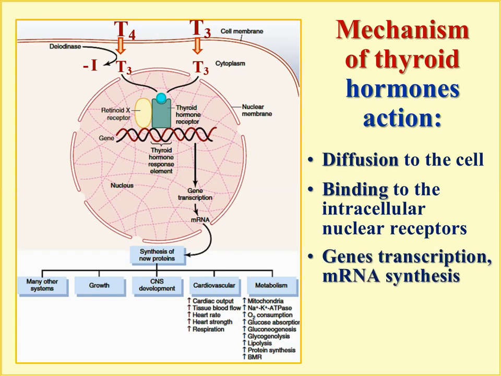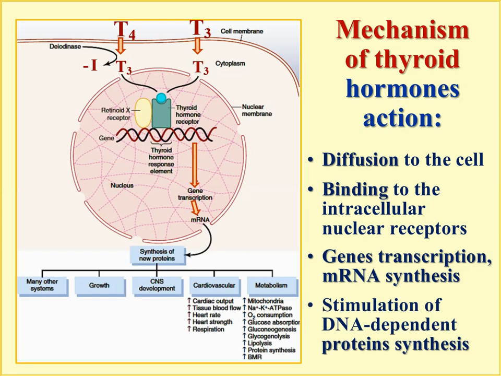So the next stage is gene transcription and formation of mRNA. The corresponding part of DNA is converted to mRNA, and therefore specific proteins are produced, and it's the final stage of thyroid hormone action.